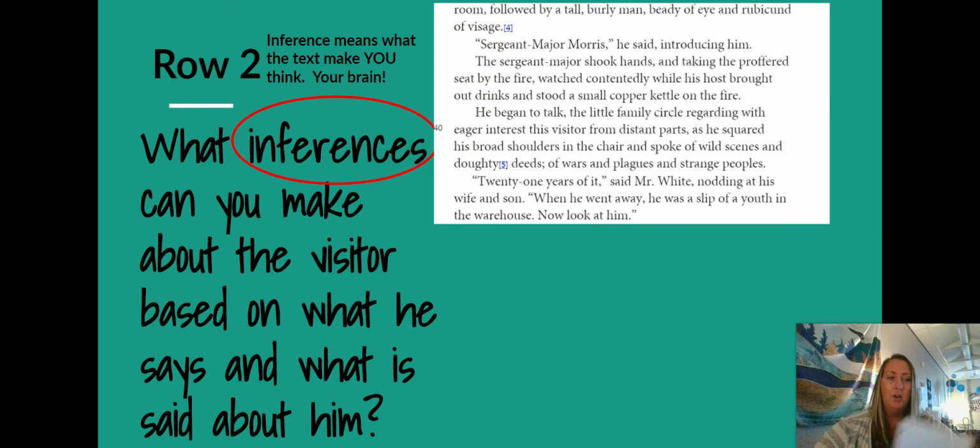What you see right here on the screen is the passage where he's most described. What's he talking about? How's he described as looking? What are the things about him that you notice that make you think something? What do you think about him based on the text? So I want you to press pause, take a minute to jot some bullet points down, your thoughts about this visitor based on the text, and then we'll continue in the story.